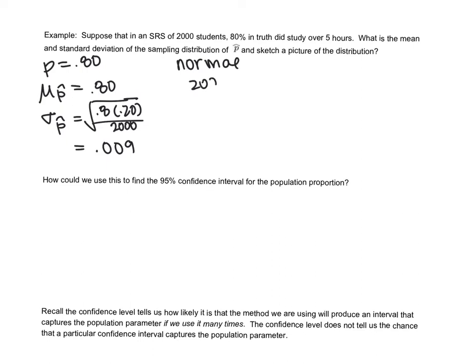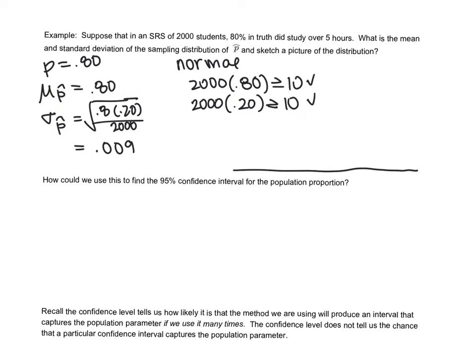So n times p is 2,000 times 0.80. 80% of 2,000 is definitely greater than or equal to 10, 1,600. So 2,000 times 0.20 is 400, also greater than or equal to 10. So it is normal, which means we can sketch a picture of our distribution.